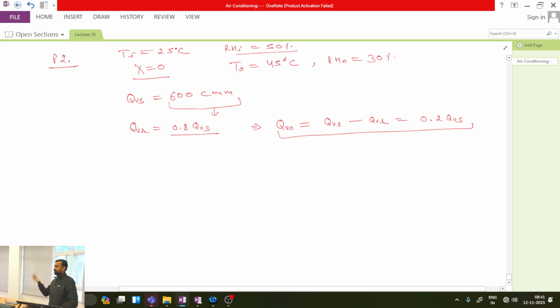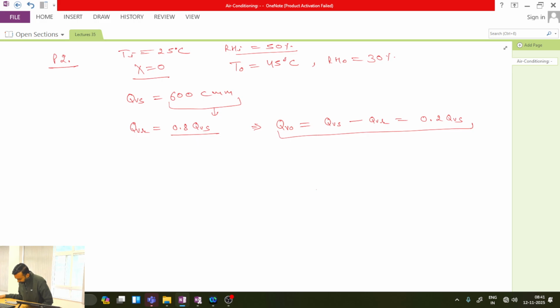From our understanding we are deriving this, because if 80% of the total air is recirculated, it means 20% is fresh air taken from the ambient to meet the same supply quantity. Is this point clear?